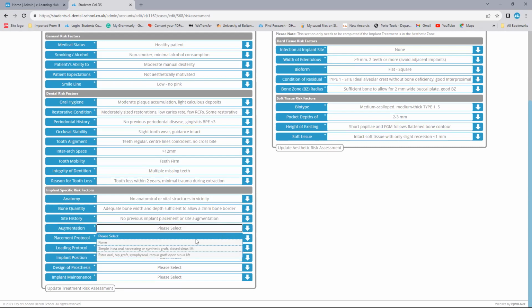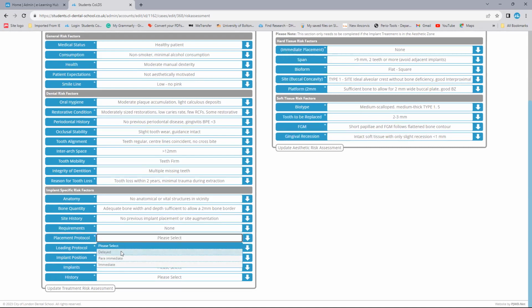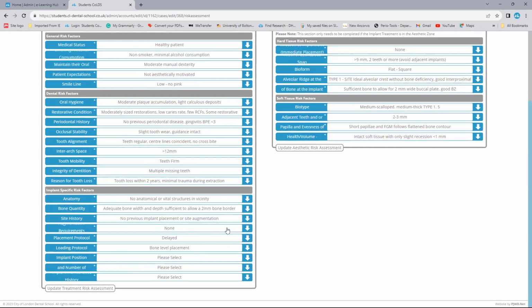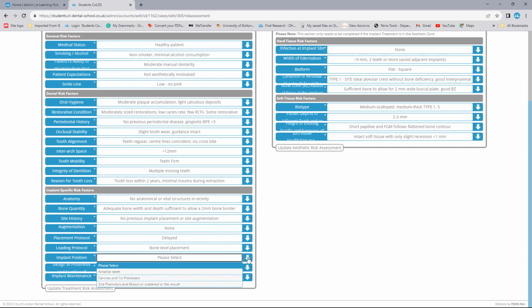Requirements here. Augmentation, there was none needed. Placement protocol would be delayed. Loading protocol would be delayed as well. Bone level placement, you did that. Implant positioning, anterior canine and first premolars, sort of like that one.